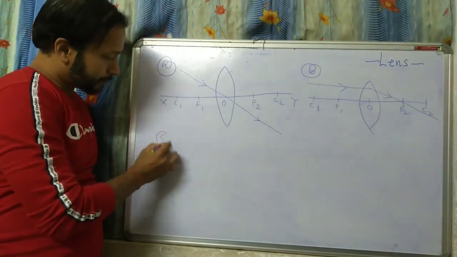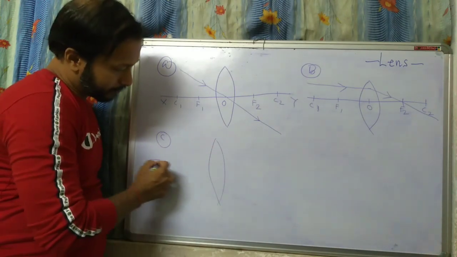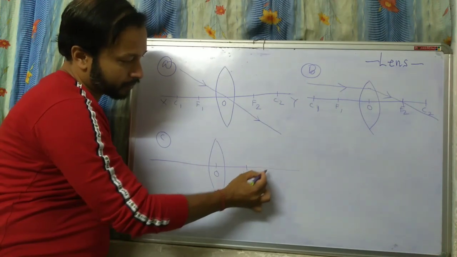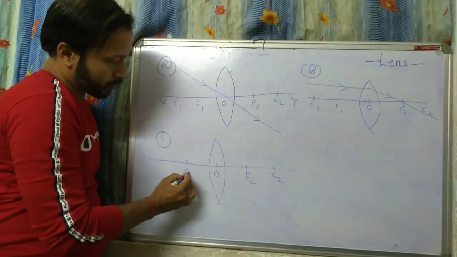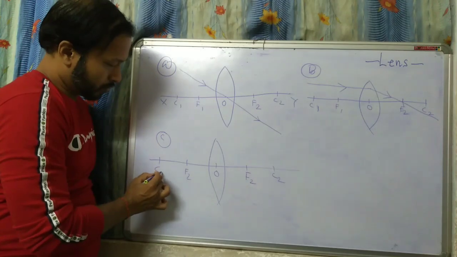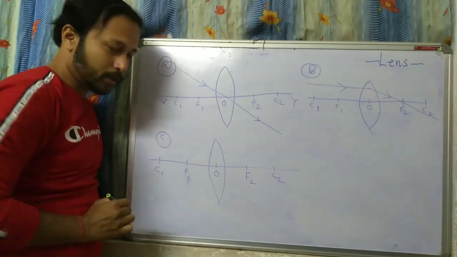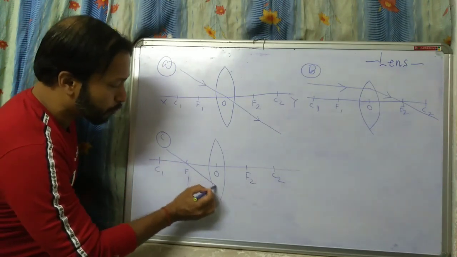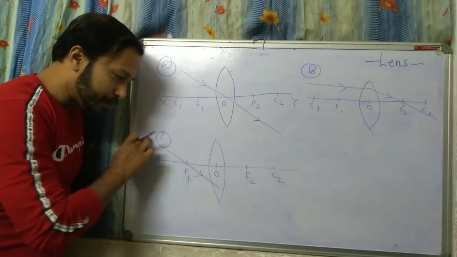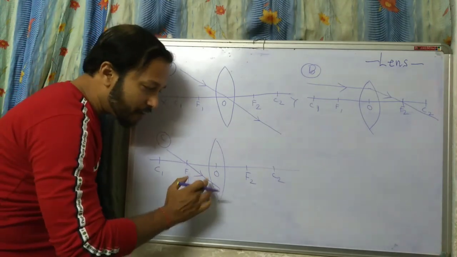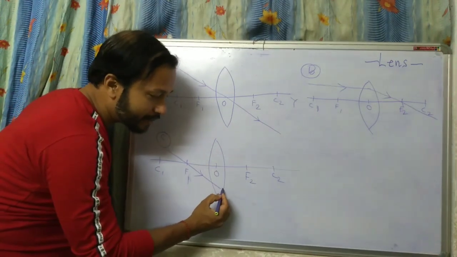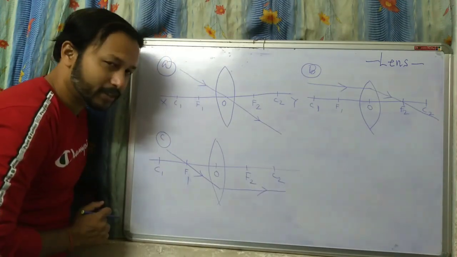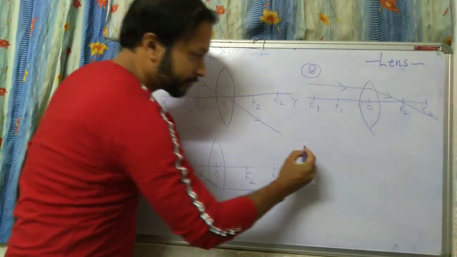Number C. Again, convex lens, principal axis. Now, if a ray is passing through the focus point, then after crossing the lens, it will go parallel to the principal axis. Understood?